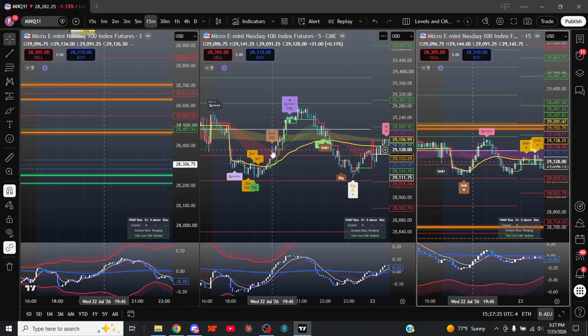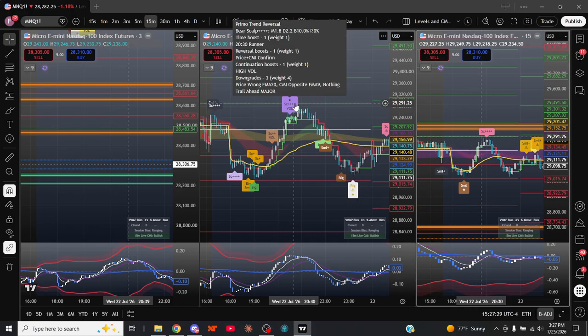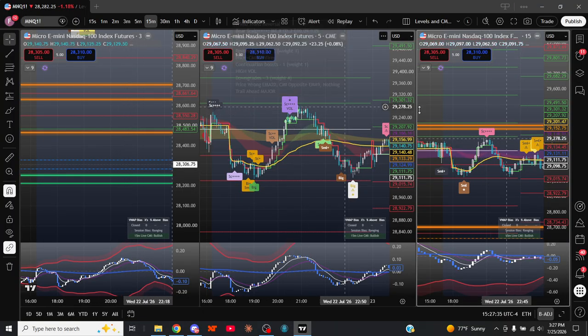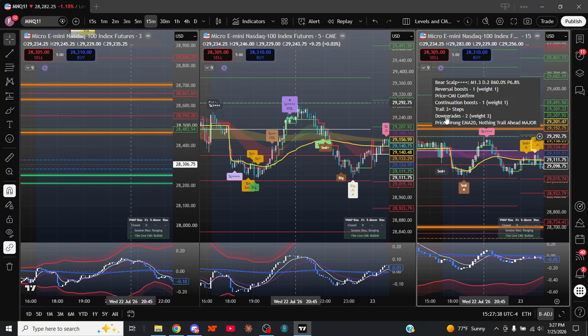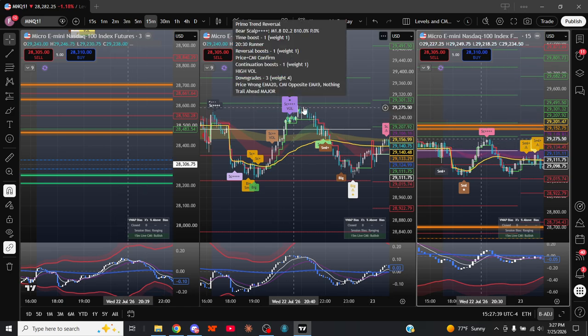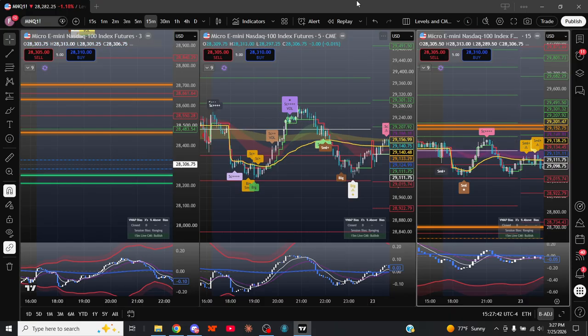And then as it's moving up, brown tag, ignore. Purple tag, okay, now a purple primo trend reversal tag, okay, now we're starting to look at it. Maybe you get stopped out here, but then you get this purple scalp tag that lines up with this time frame. So you could try and take it down from there.